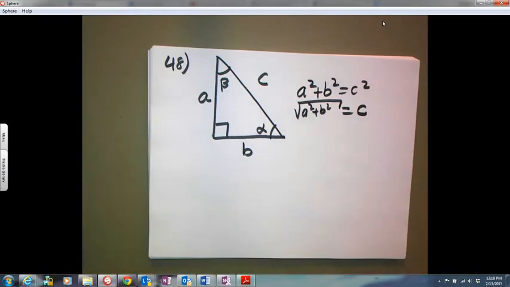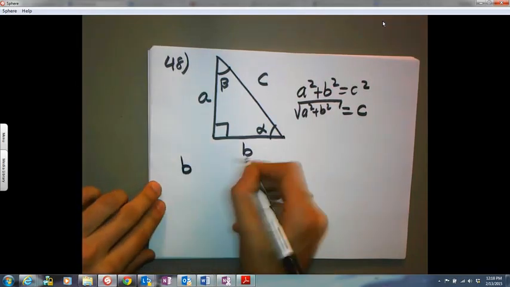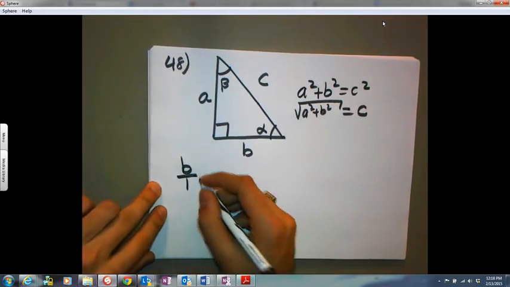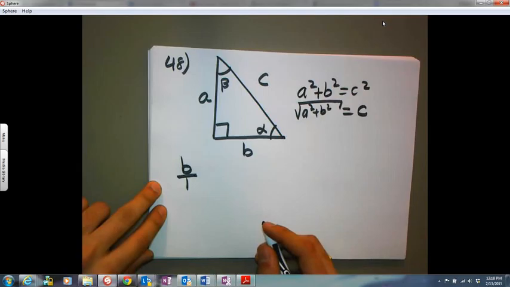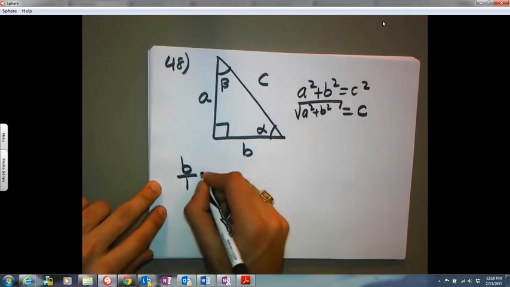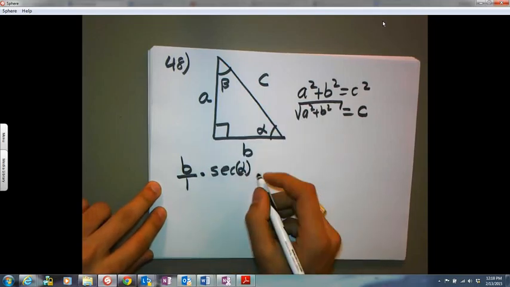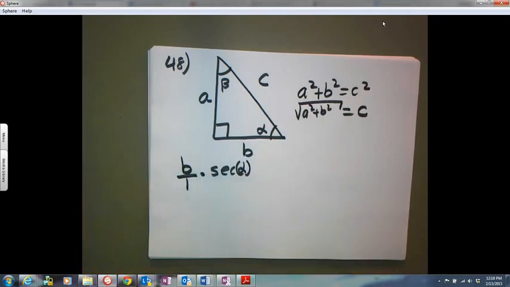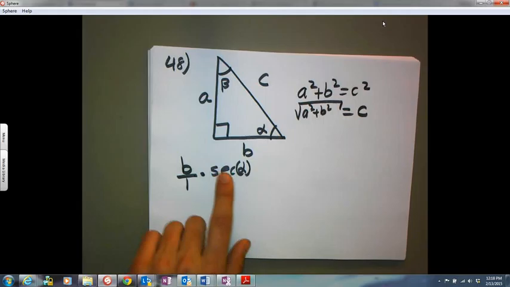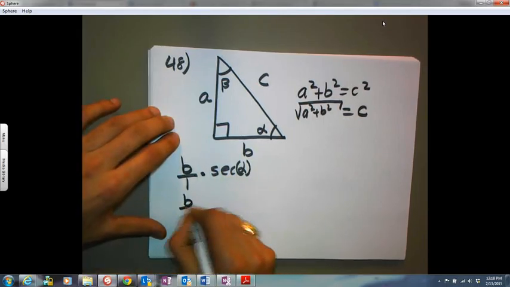So answer choices B and C have to be wrong. Then they're saying side b, of course over 1, remember any fraction that doesn't have a denominator is over 1, times secant of alpha. They're saying that might equal c. Let's find out. Secant of alpha, if you think about it, remember SOHCAHTOA.